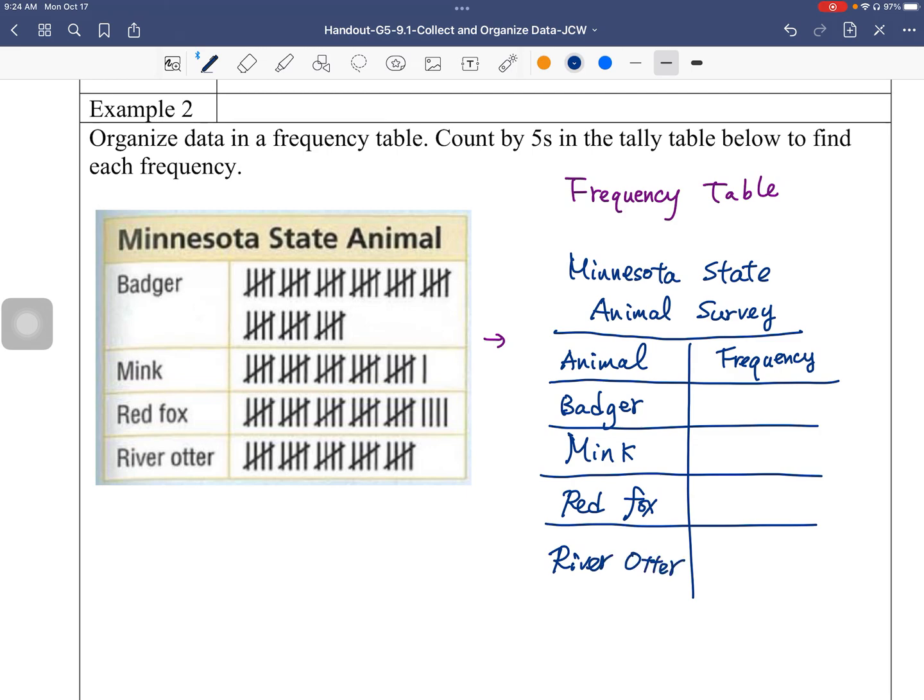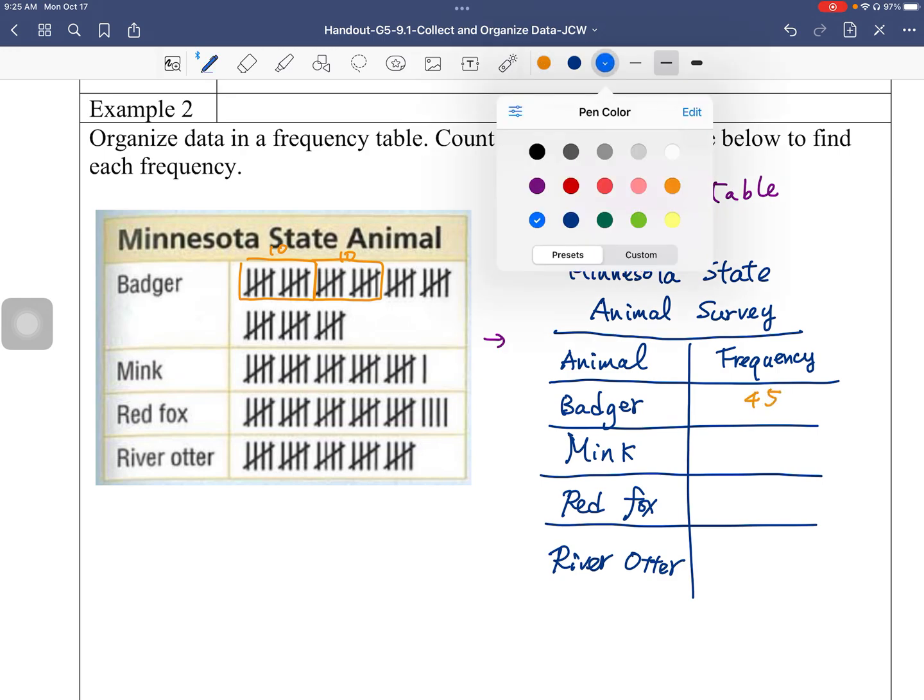For the frequency of badger, this is 10, 20, 30, 40, and this is 5. So this means 2 of these are 10. This is 10. This is another 10. So this is 45.